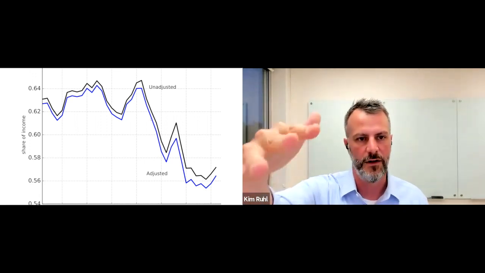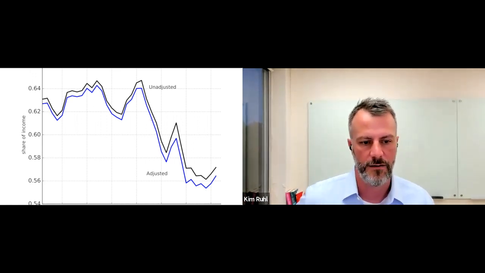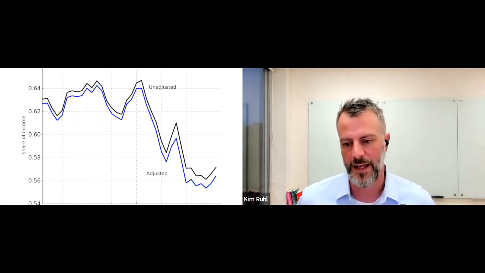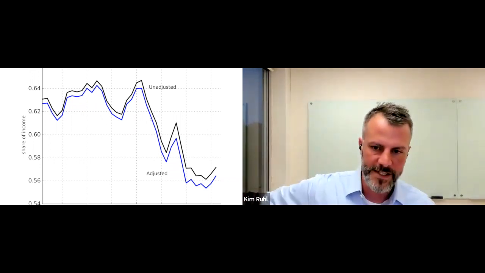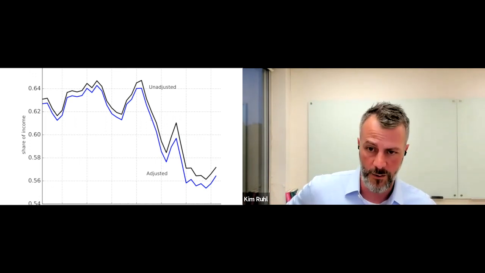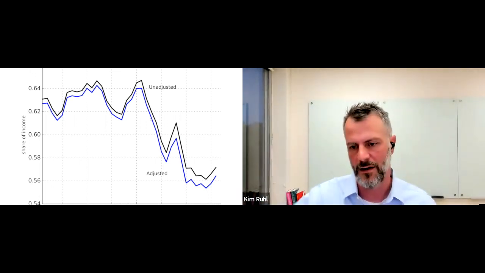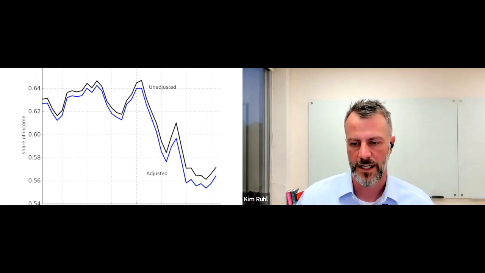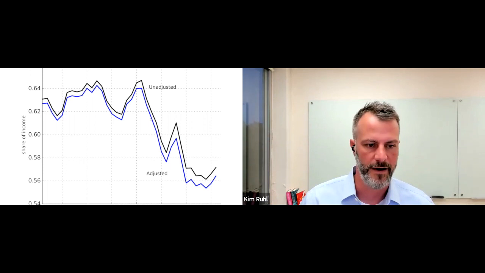You can see it's falling from 0.64 or so at the beginning of the century, down to almost 0.55 by the end of our time period, and basically our adjustment is just making all this a bit worse. So if you think that the labor share is falling, our numbers suggest that it's fallen to levels even lower than that. So off by about a percent by the time we're done.